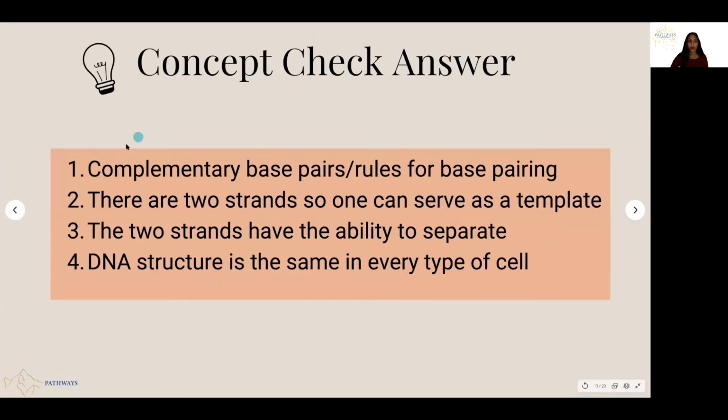So there are about four main qualities that make DNA, quote unquote, easy to replicate. The first is that there are complementary base pairs and rules for base pairing. Like we were saying earlier, A only pairs with T and C only pairs with G. So this gives the body a framework for what pairs with what. There are also two strands of DNA.